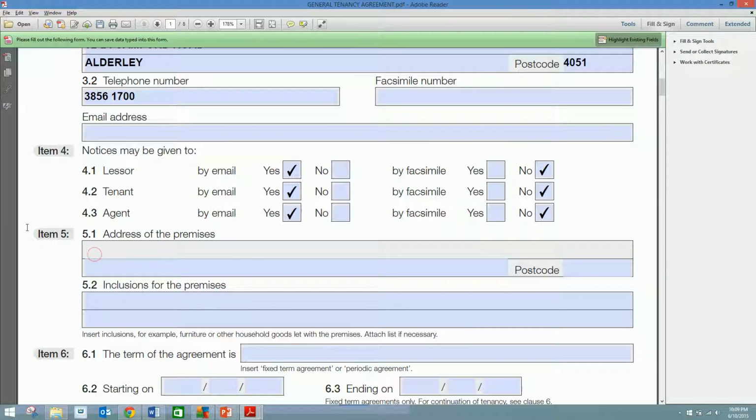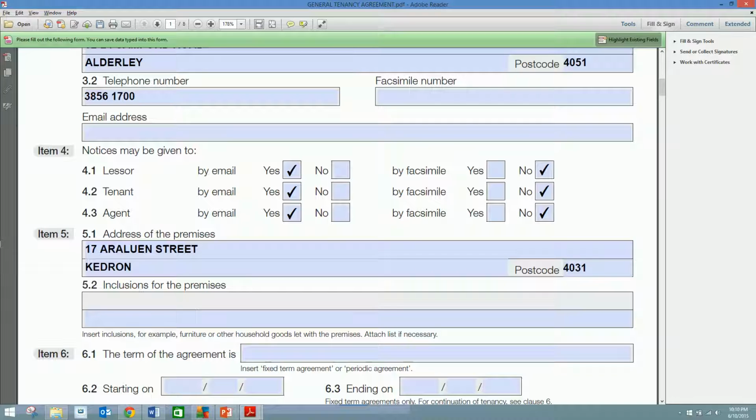Okay, address of the premises, again that's the address at Kedron. Okay, inclusions for the premises.